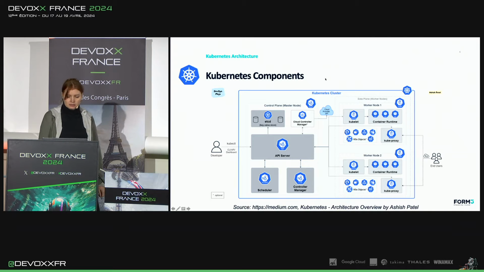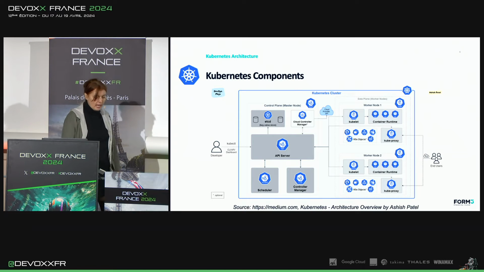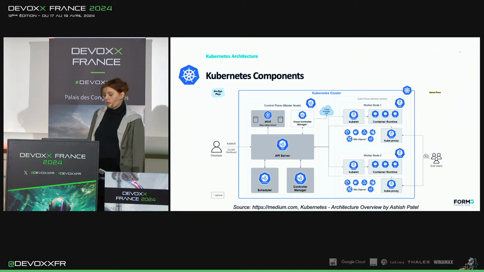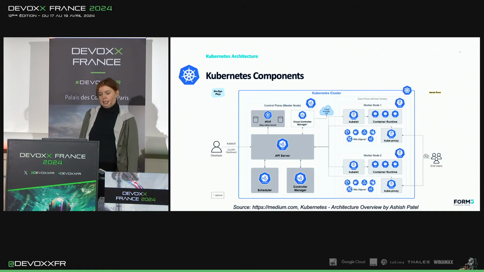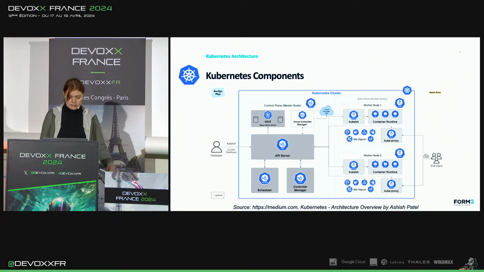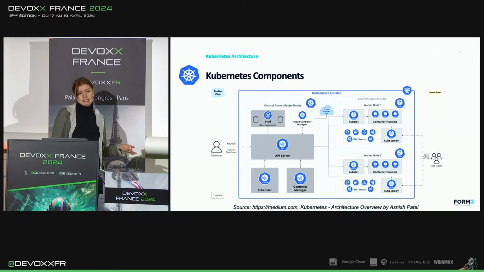On the other hand, you have worker nodes, and that's the place where the actual work happens. So the pods are running over there. And one important component to mention here is kubelet. Basically, kubelet runs on each worker node and is responsible for instantiation and execution of pods.